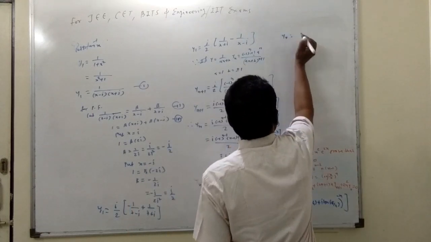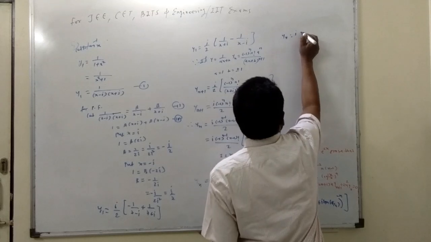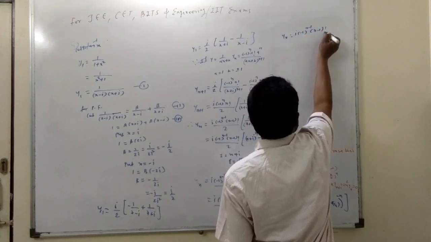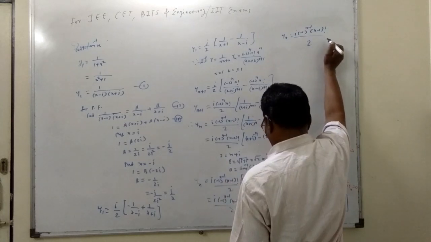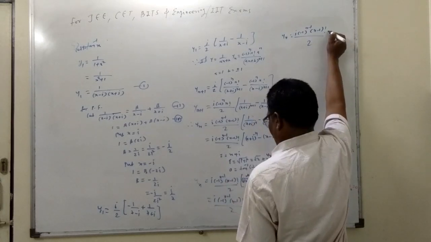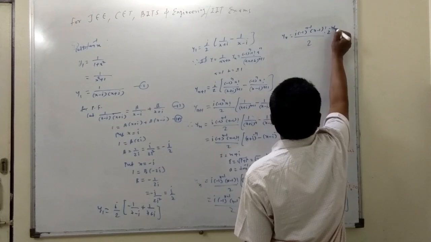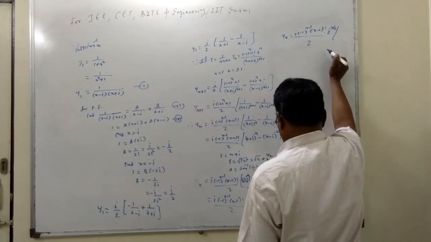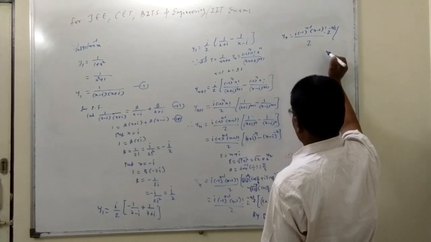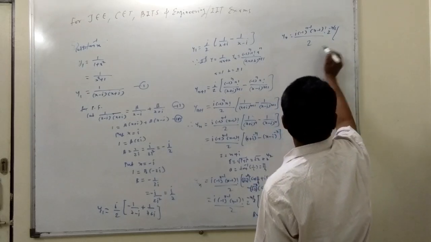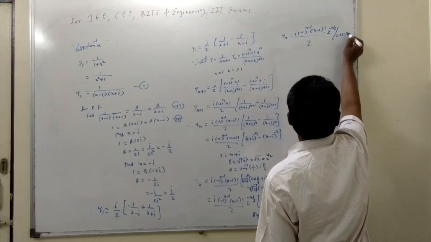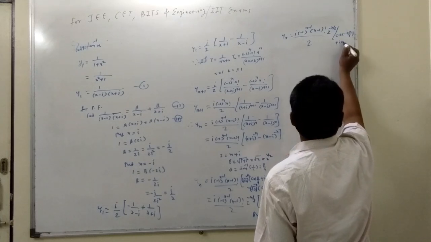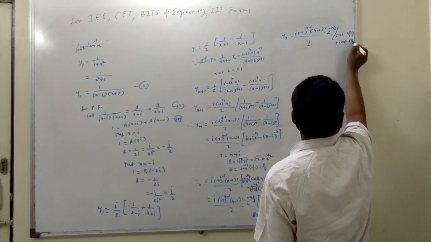yn is equal to i minus 1 raised to n minus 1 factorial divided by 2 raised to minus n by 2 into bracket, so you know this, cos of minus n pi by 4 plus i sin minus n pi by 4.